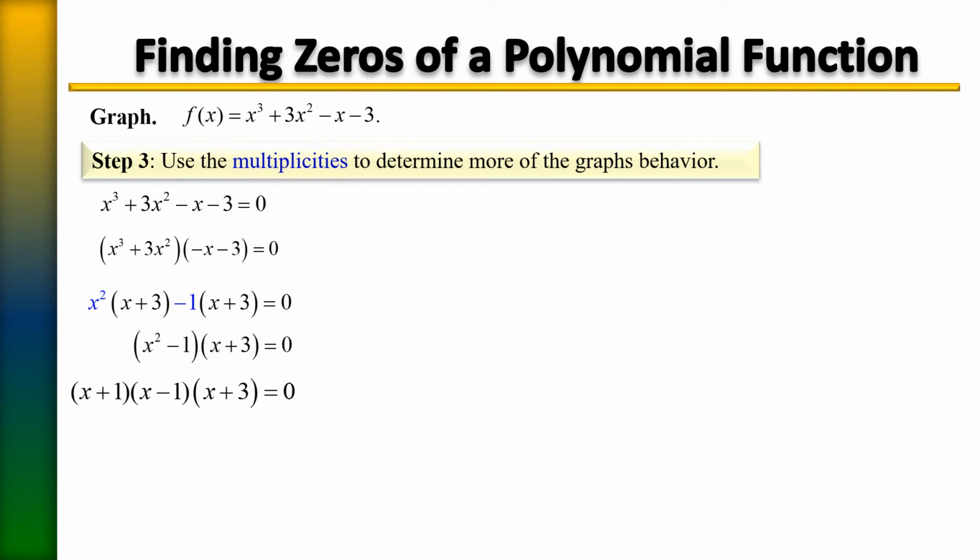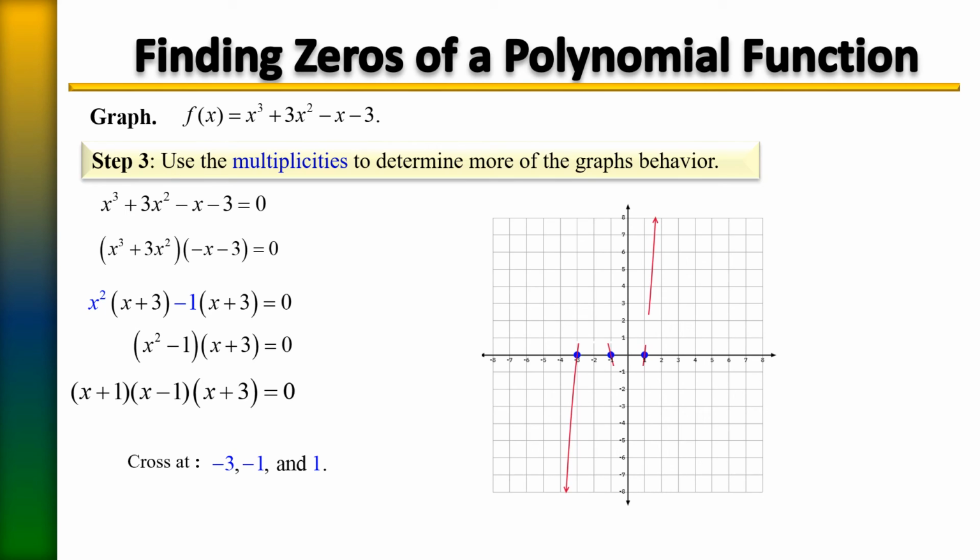Now, is it going to cross, or is it going to touch at these 3 points? Using what we know about multiplicity, whenever we have an odd multiplicity, it is going to cross at those 3 points. So our graph is going to look similar.